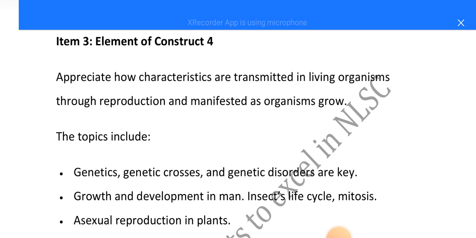Then if they say the girl gave birth to a baby, but the baby is frequently falling sick, the words frequently falling sick take you to sickle cell anemia. So you should master these things in order to excel in item 3.